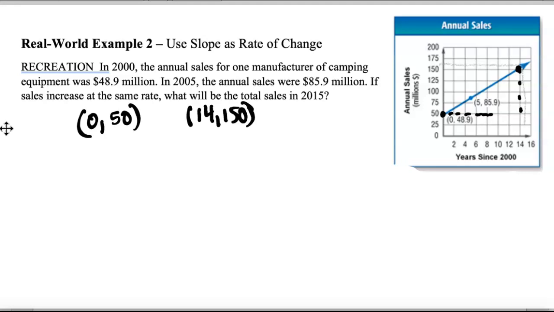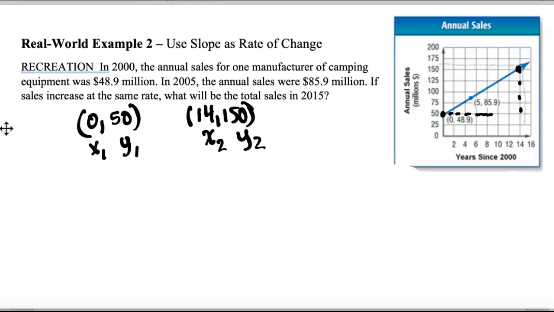And then we would have to use our slope formula, which is y sub 2 minus y sub 1 over x sub 2 minus x sub 1. So we would get that this would be my x sub 2, and here would be my y sub 2.